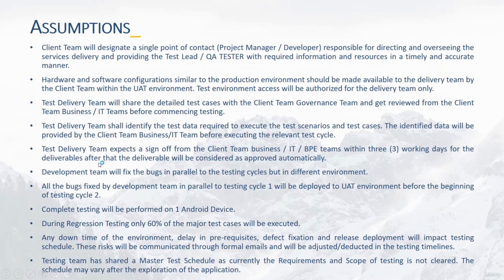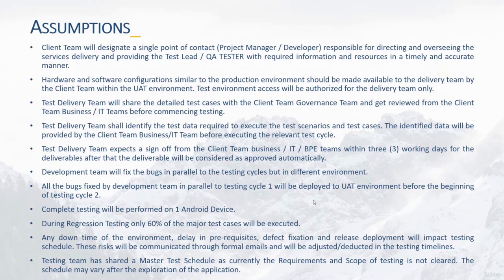The delivery team expects a sign-off from the business team, BP team, or whichever team needs to reach a consensus and provide the sign-off. The development team needs to fix the bugs parallel to the testing team, but in a different environment. All the bug fixes will be done by the development team in parallel to testing, and for the UAT environment, before beginning the next cycle.